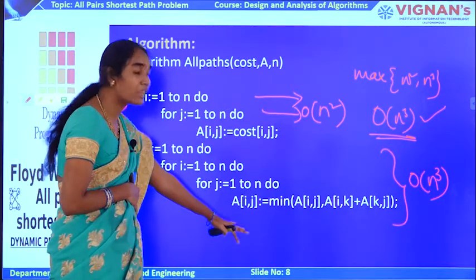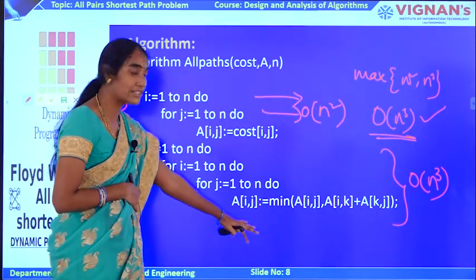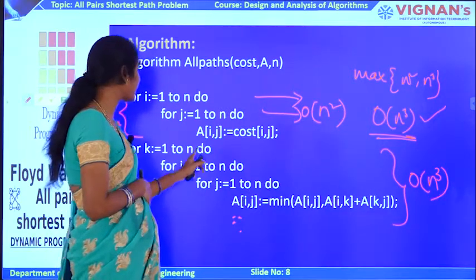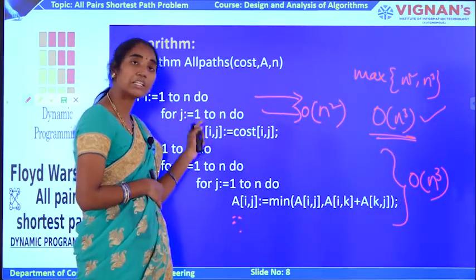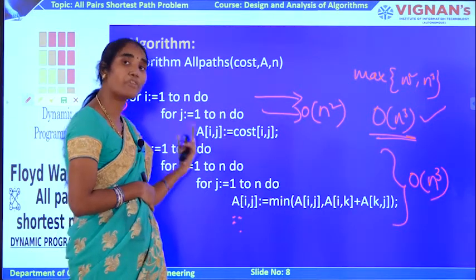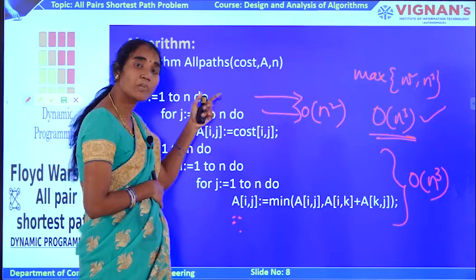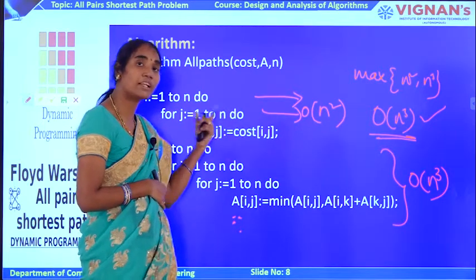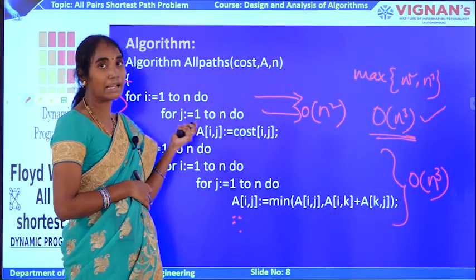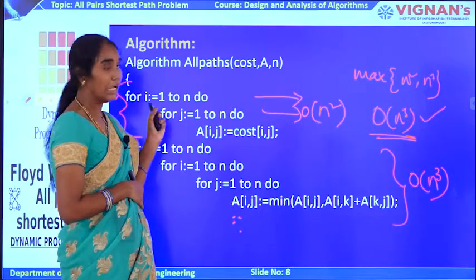Whereas to find the minimum value or the shortest distance, I require three for loops all starting from 1 to n, so this will be executed within big O of n cube time. Out of these two the maximum is big O of n cube. So finally the time complexity will be big O of n cube. This comes under the analysis of the APSP algorithm.